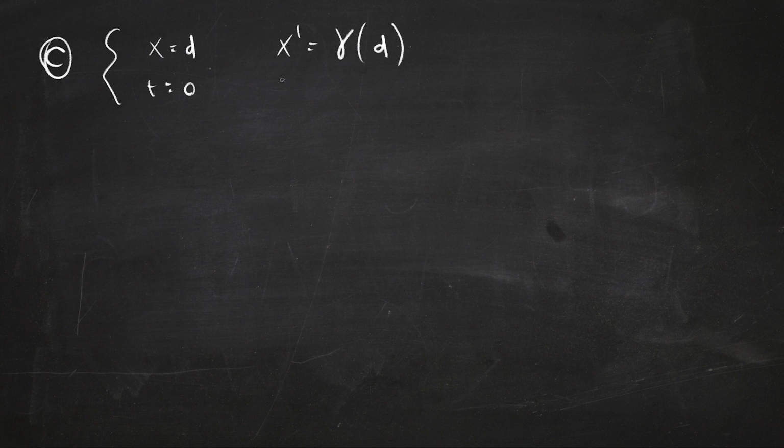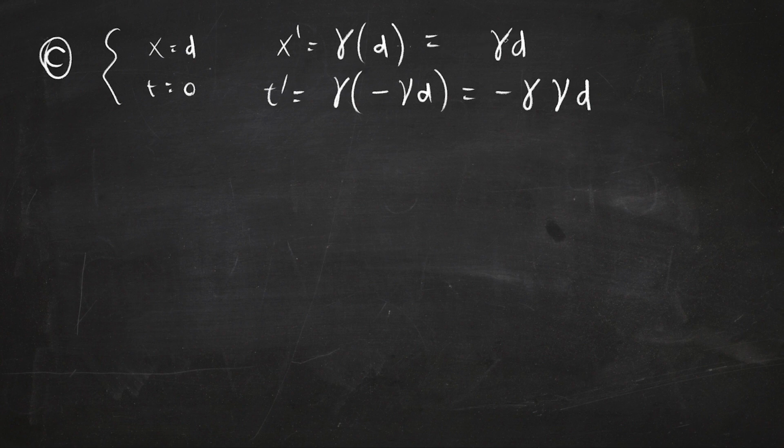So again, you get the gamma d, and then the t prime this time is going to be the gamma times t, which is 0, and then minus the v x, so it's going to be minus v d, so you get the negative gamma v d, and likewise you get the gamma d for the x prime.